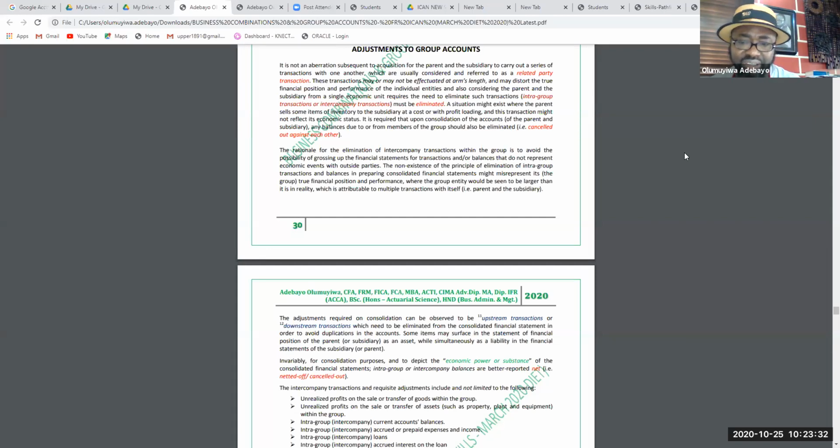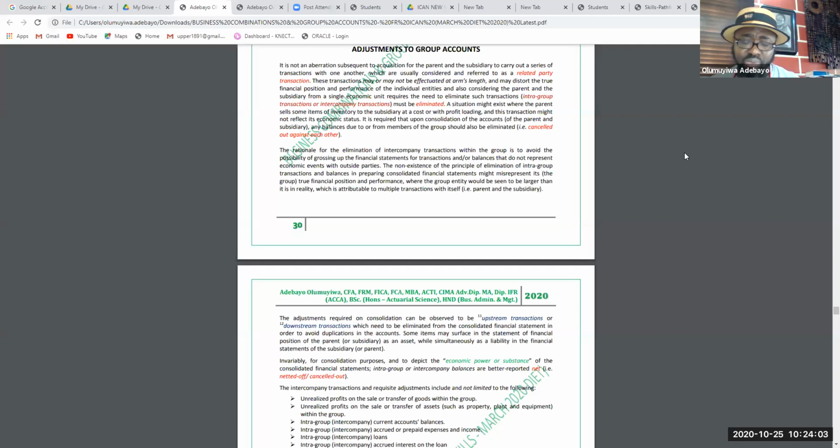Another way you could draw synergy is that as the parent expands, its capacity is increasing. Therefore, the parent probably has to relocate its factory or its head office to a bigger location. What stops the parent from transferring the assets of the former location to the subsidiary rather than selling them outright to a third party?